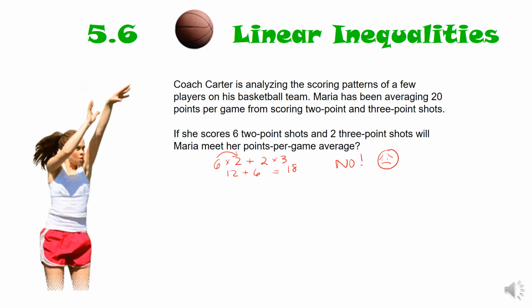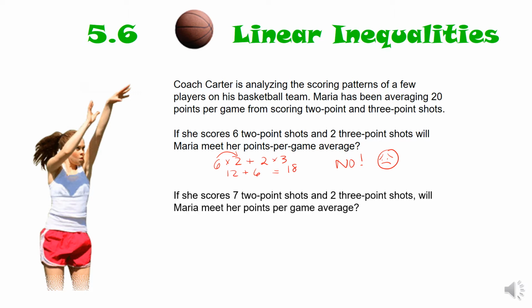Let's do another scenario. If she scores 2 7-point shots, so that would be 7 times 2, plus 2 3-point shots, so 2 times 3, that would be 14 plus 6. And the answer is yes, she would meet her average of 20 points per game. One more.